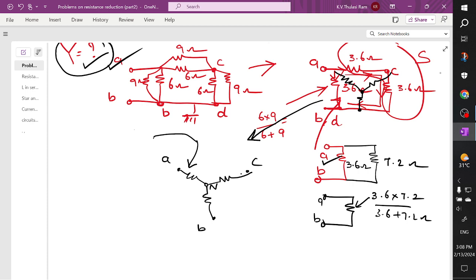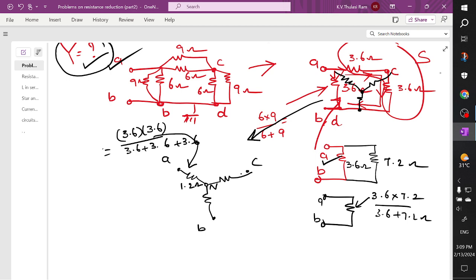When you want to find the center value, the formula is 3.6 into 3.6 into 3.6 divided by 3.6 plus 3.6 plus 3.6, the sum of the resistors which are connected in series. When you perform it, you are going to get the value of 1.2 ohm.